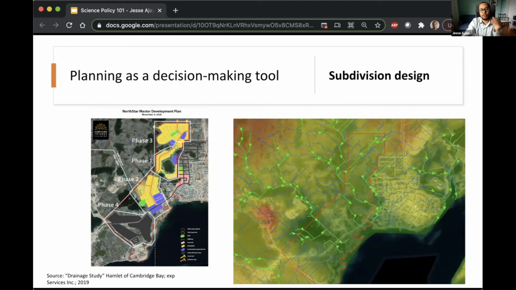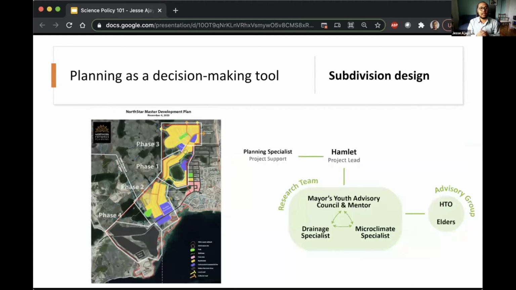This is sort of a drainage map we're seeing here. We drew from the best available data that engineers could give us about drainage in the area before development. And so we came up with a conceptual plan, which is great, but we kind of realized, and we kind of knew that this wasn't going to be enough to go into detailed design. And so we did that project over the last couple of years.